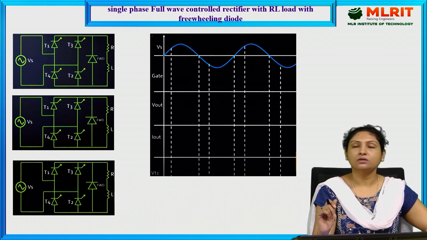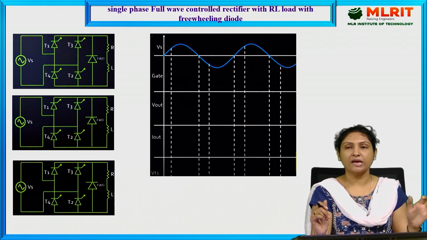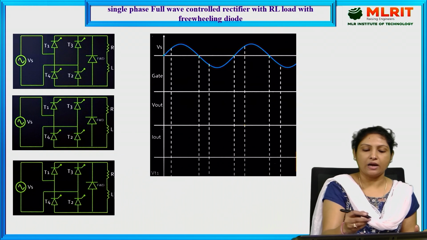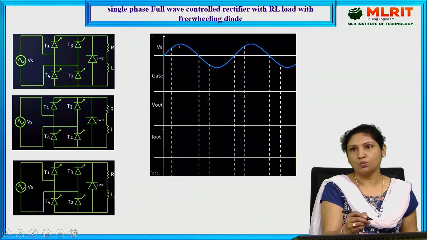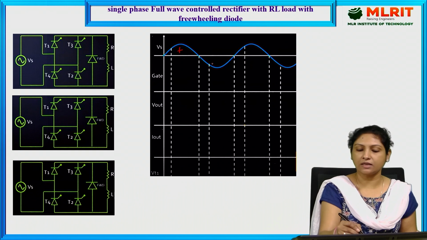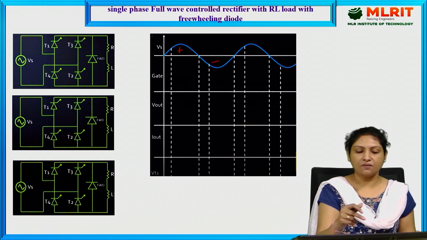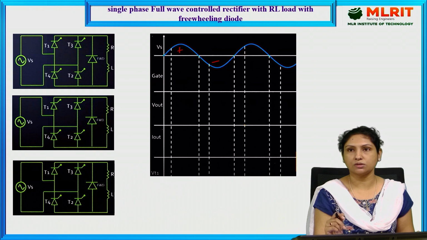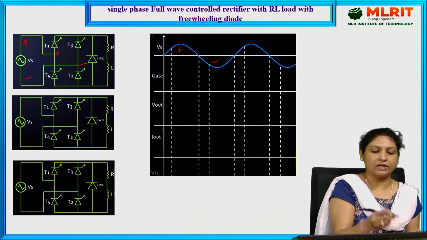The basic purpose of a rectifier is that it converts AC to DC. Here the input voltage is alternating in nature, which has both a positive half cycle as well as a negative half cycle. When the positive half cycle is appearing across the load, the polarities will be positive, negative.